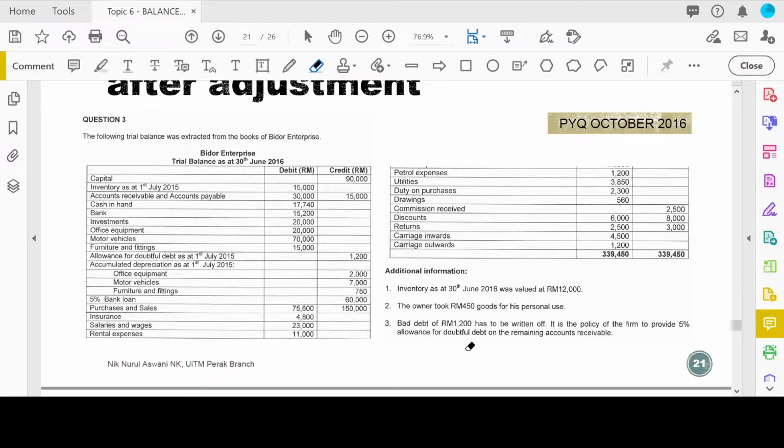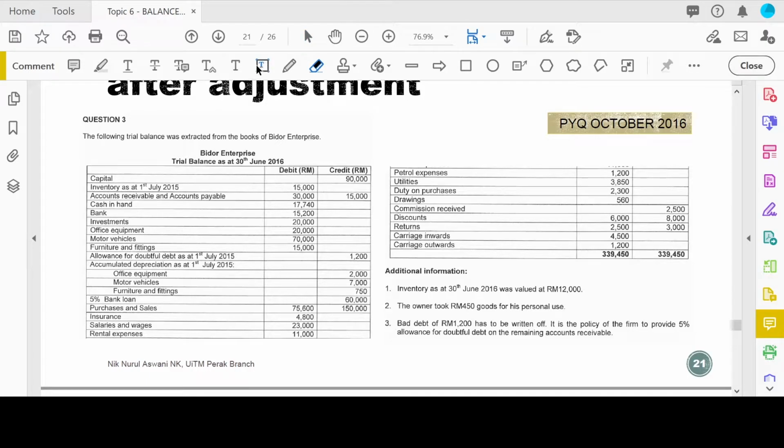As we look at the question just now, there are 5 adjustments, 5 additional information, that we have to take into account before we prepare the final accounts, which are statement of financial position and statement of profit or loss.